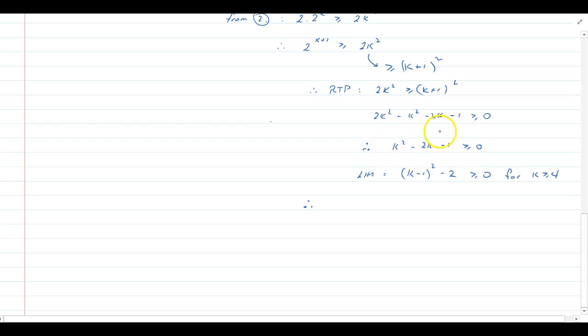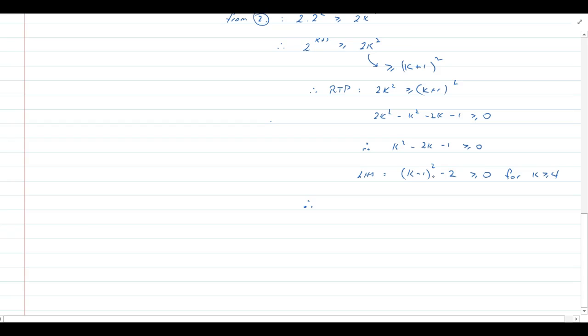We're at the point here where we just need to show that this expression is greater than or equal to 0. By completing the square on that quadratic and writing it in such a format, it just makes it clearer that when we put in values of k equal to 4 and greater, it has a value greater than or equal to 0.